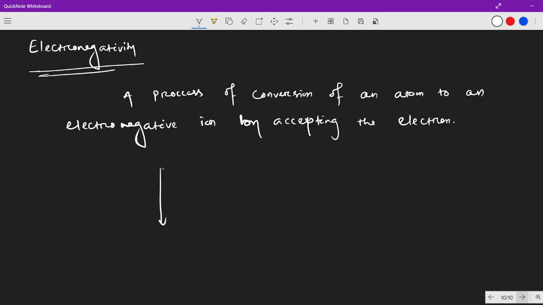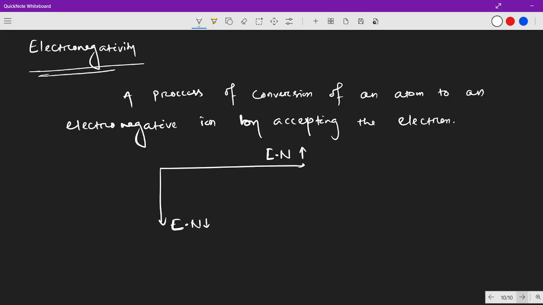As we know, nonmetals can easily accept the electrons, yes or no? Hence electronegativity will be more here, and metals cannot easily accept the electrons, so electronegativity will be less here. That means on moving top to bottom, electronegativity will decrease, and on moving left to right, electronegativity will increase.